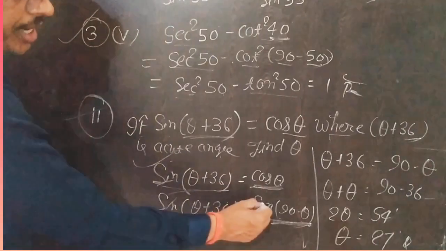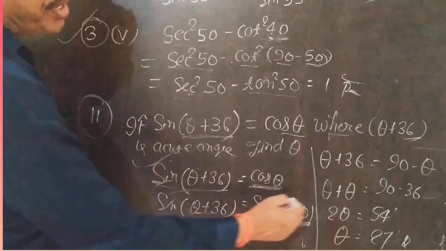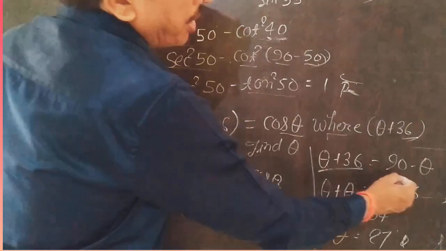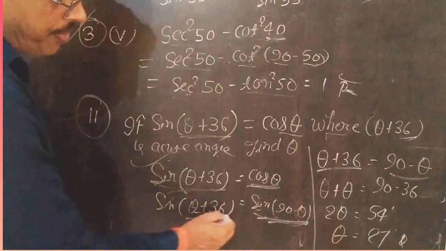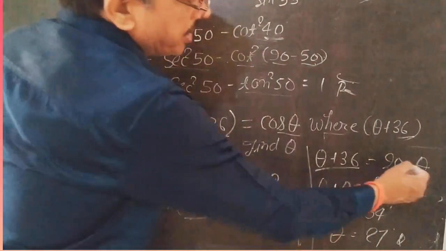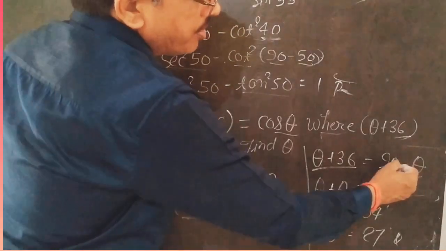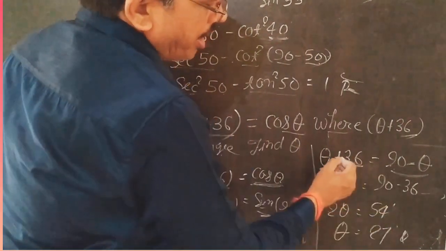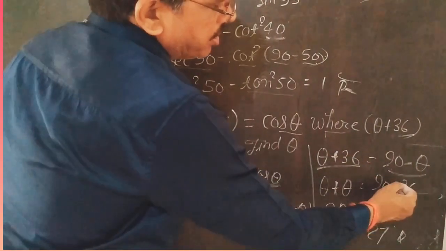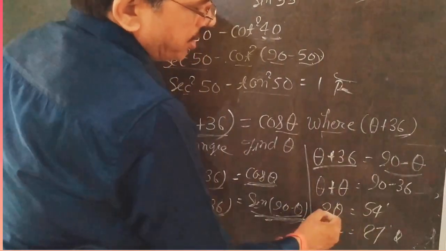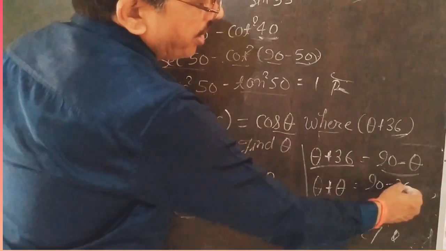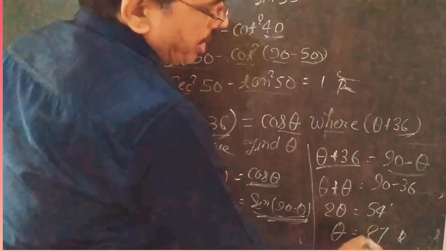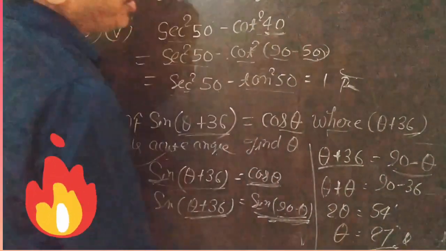The sin cancels, and you have theta plus 36 is equal to 90 minus theta. Theta on this side is plus, so move it: theta plus theta. The 36 is plus, so going to that side it becomes minus. So 2 theta equals 90 minus 36, which is 54. So theta is equal to 27 degrees. That's all.